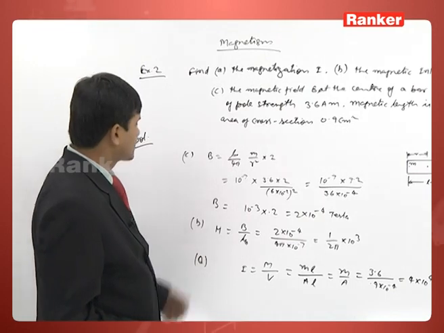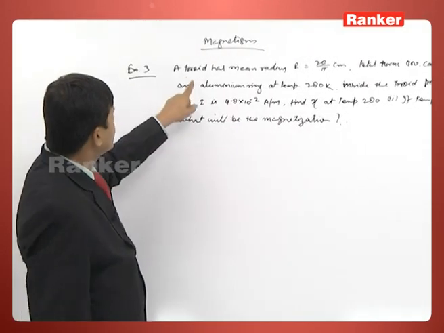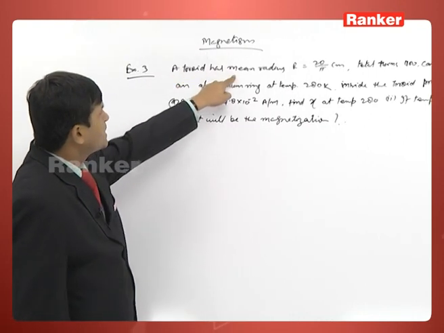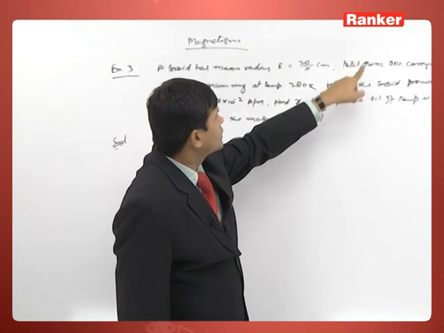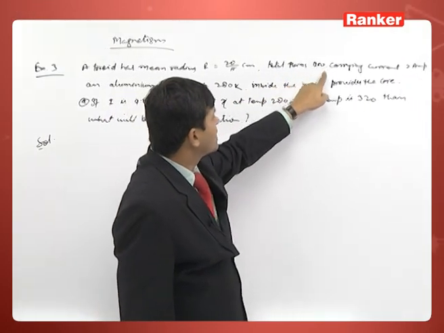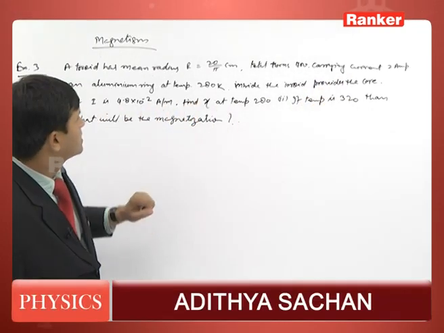So this is another example. Now see one more example. It is given that a toroid has a mean radius 20 by pi centimeter and total number of turns in the toroid are 400, carrying current 2 ampere.